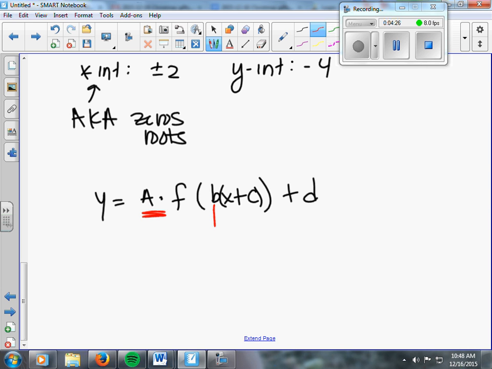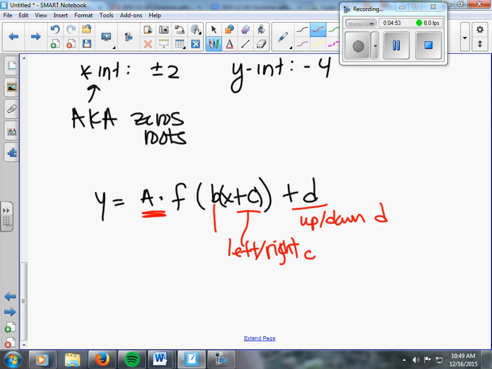The b would be a horizontal stretch or shrink. C and D would make you move up and down and left and right. So this is up or down D, and this one here is left or right C. And remember, when things happen inside the parentheses, like the C and the B do, it happens in a reverse manner.